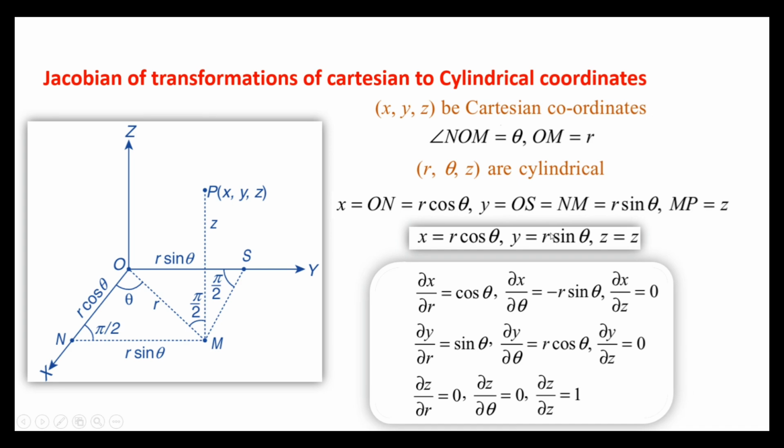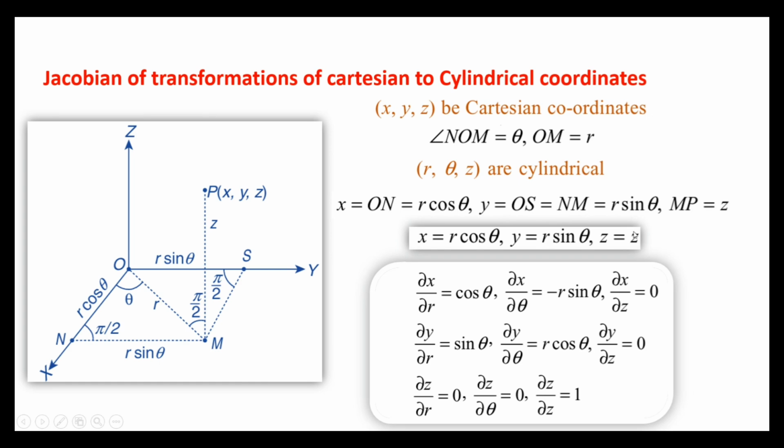Dou y by dou theta is r cos theta while r is constant. Dou y by dou z becomes 0 while r and theta are constants. Dou z by dou r is 0 while theta is constant, and z is also constant. Dou z by dou theta is equal to 0 while r and z are constants.